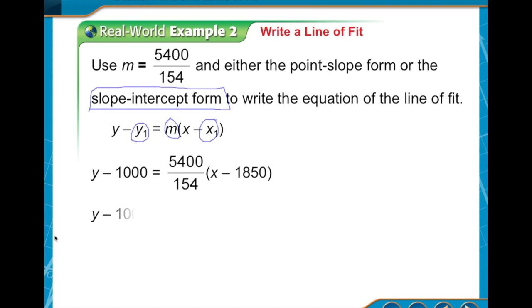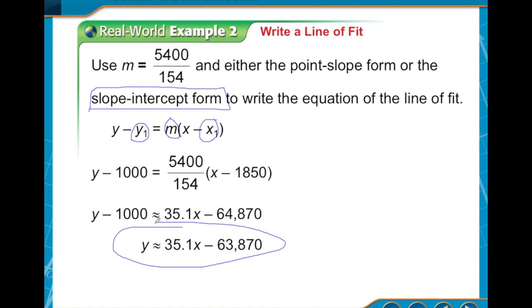So what do we do? We distribute this fraction to the x and this number. We would get these 2 numbers here. And then one more step, get rid of this 1,000 by adding. So we do that, and y is about 35.1x minus this big number here. The value of that is we can then use this equation to make some predictions about our data in the future.